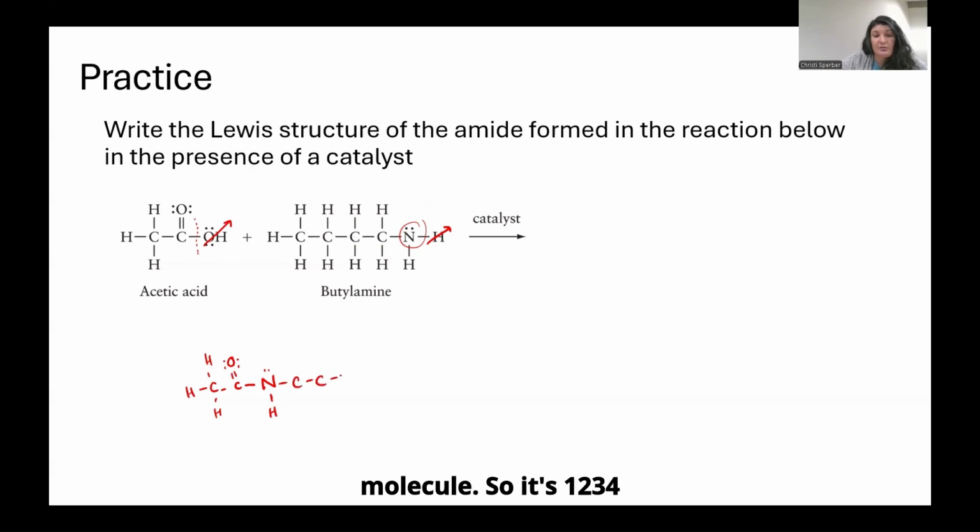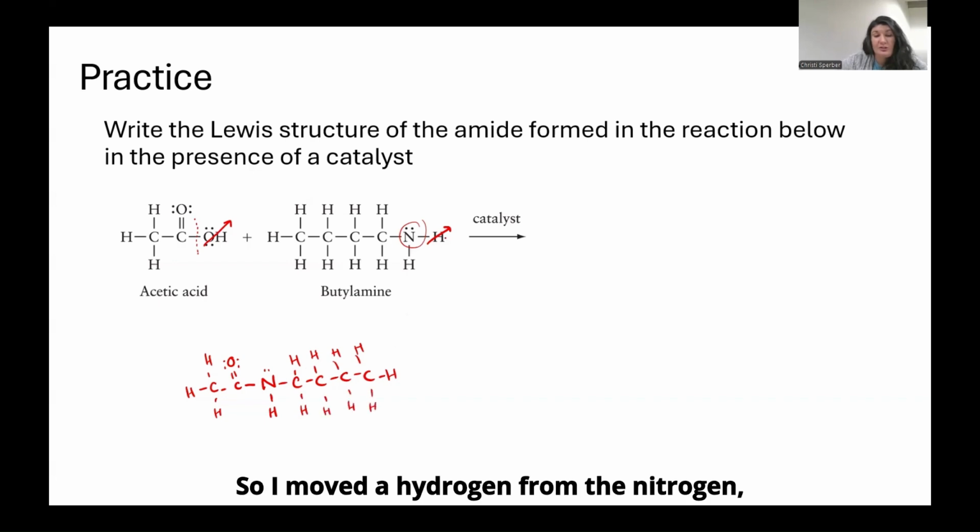So it's 1, 2, 3, 4 carbons. So I removed a hydrogen from the nitrogen, formed a bond between the nitrogen and the carbonyl carbon, and the hydroxyl group from the carbonyl carbon and the hydrogen from the nitrogen combine to form water.